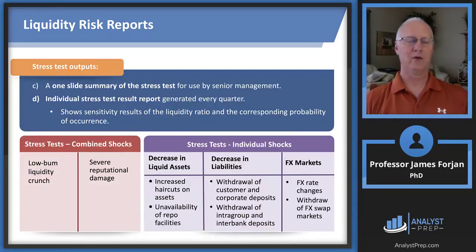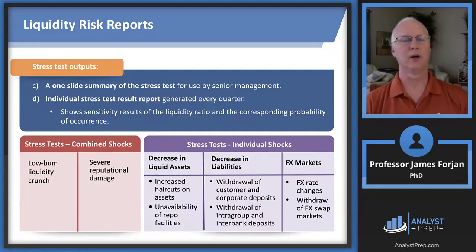All right, so what do we get when we have these outputs, whether it's Excel or any other kind of model that's going to give us this type of output? A one-slide summary of the stress test, from Excel, Monte Carlo, or some kind of internally generated report that can be used by senior management.